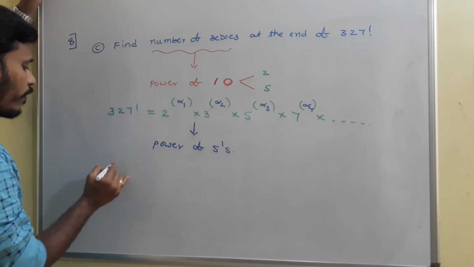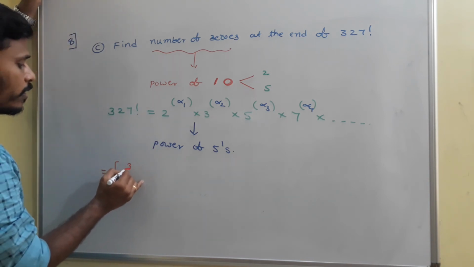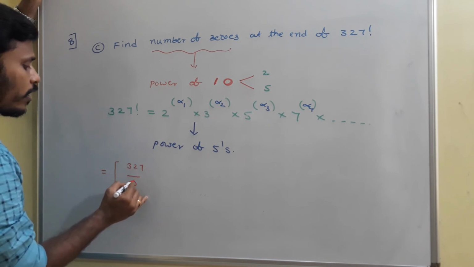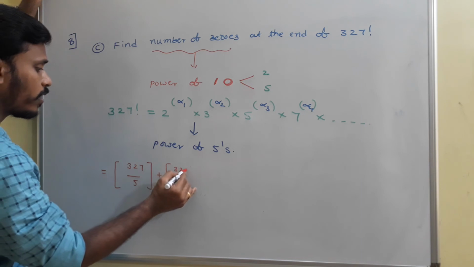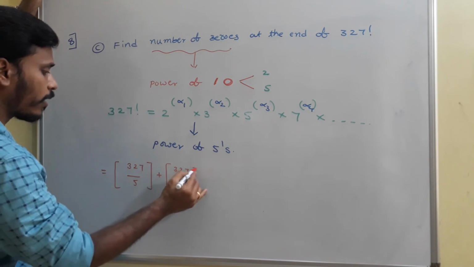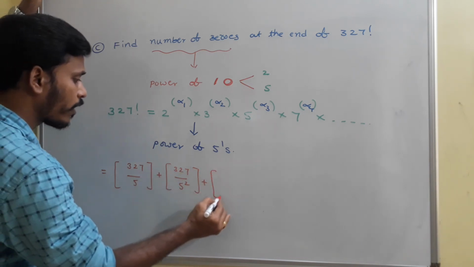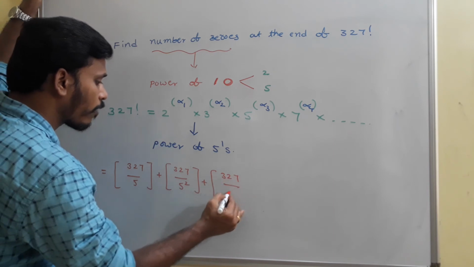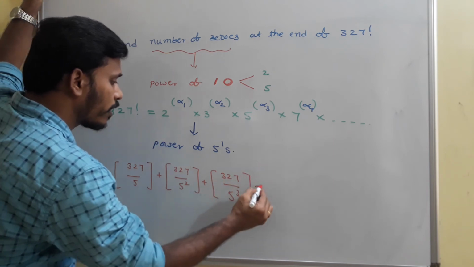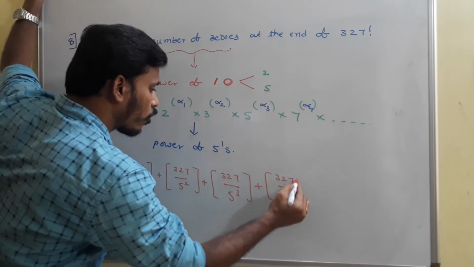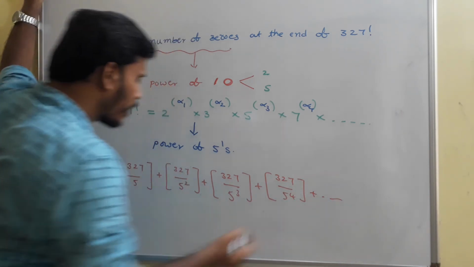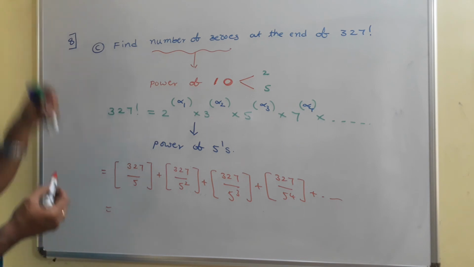So the power of 5 is simply, as we mentioned, step of 327 by 5 plus step of 327 by 5 square plus step of 327 by 5 cube plus step of 327 by 5 power 4. We need to continue like that. At the end, what is the value of the step of 327 by 5?